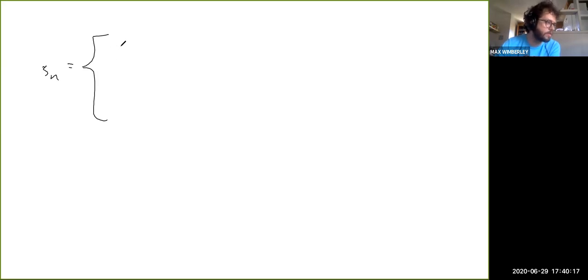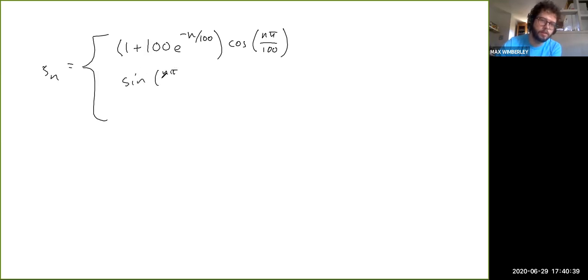So this sequence is defined by 1 plus 100 e to the minus n over 100 cosine of n pi over 100, and sine of n pi over 100, and then arctangent n pi over 1,000. These numbers are all kind of arbitrary, but whatever.